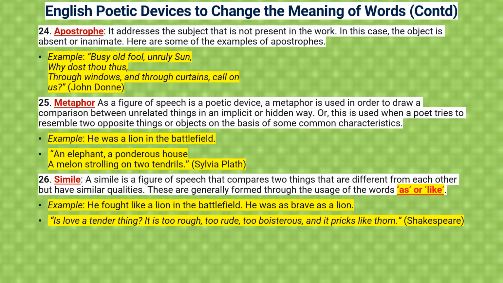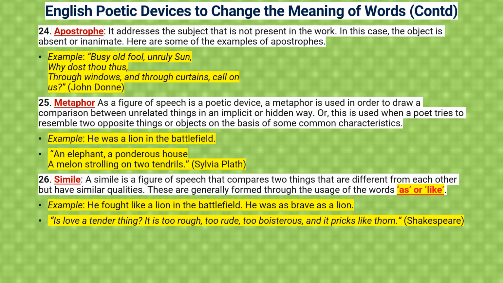So this is one tip from my side so that you do not get confused. As has S, the first letter of simile. Like has the L sound, the last sound of simile. Hence, any sentence having as or like is a simile. In metaphor, there is no S and no L sound, so it will be a metaphor.